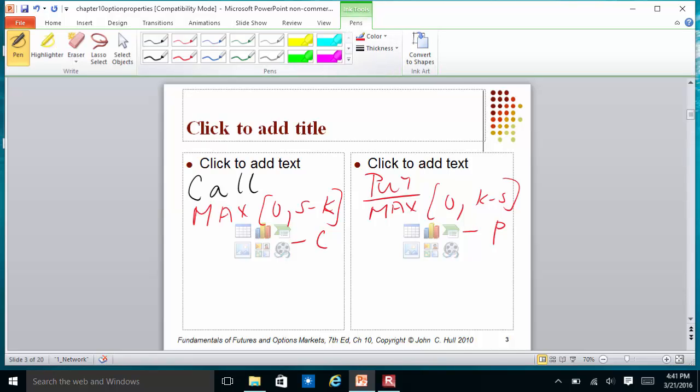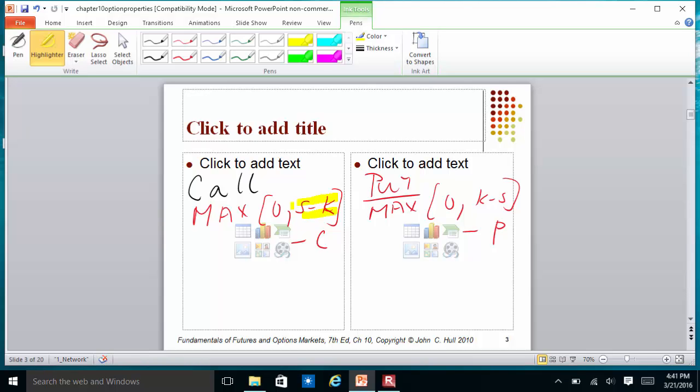You will exercise the call only when the stock price is greater than the strike price. Otherwise, you just walk away. Whenever the stock price is less than the strike price, you walk away and what you get is zero, and you already paid for the call upfront. So that is something you have to subtract.